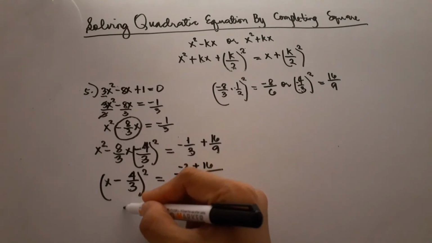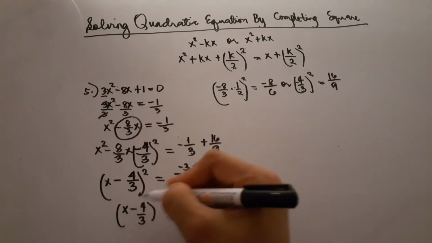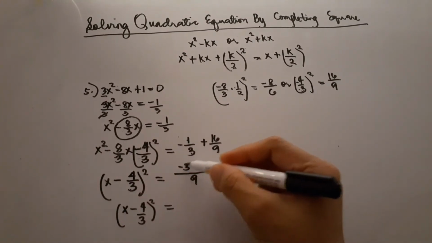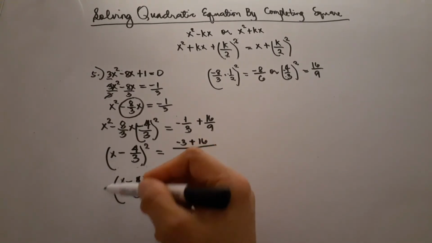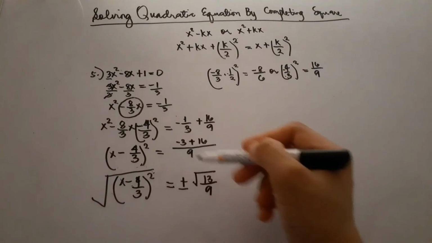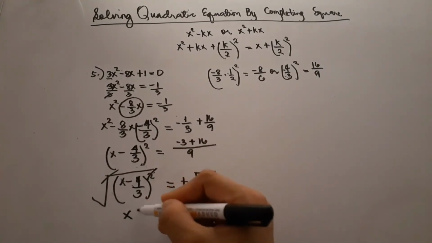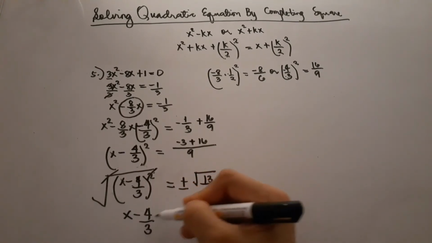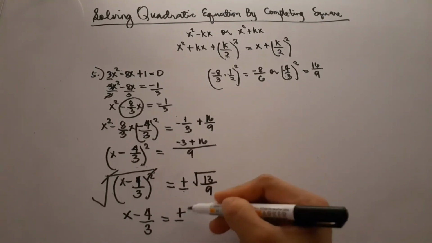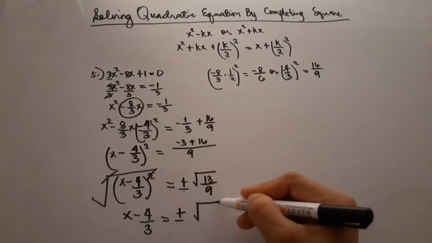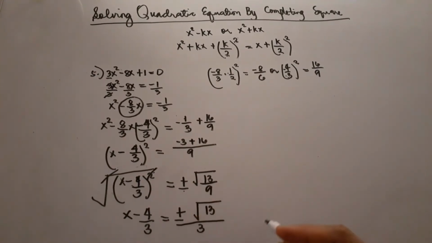So (x - 4/3)² is equal to -3 + 16, which is positive 13 over 9, and then we apply the square root theorem. So we cancel out the square and the square root. The remaining is x - 4/3, and then ± the square root of 13 over the square root of 9, which is 3.